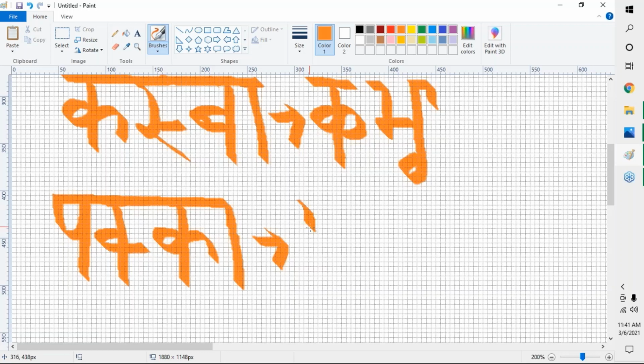So Pa will be written full. This K, because it has some alphabets below it, I will have to write it half only. That is the only problem with K. And this K, which is written below, will be written full.